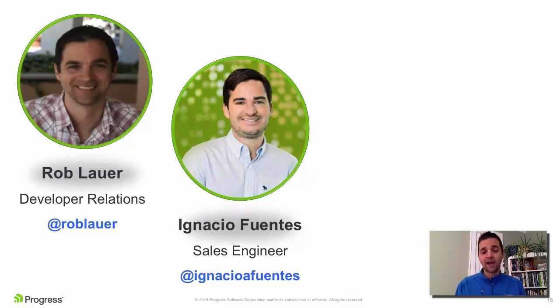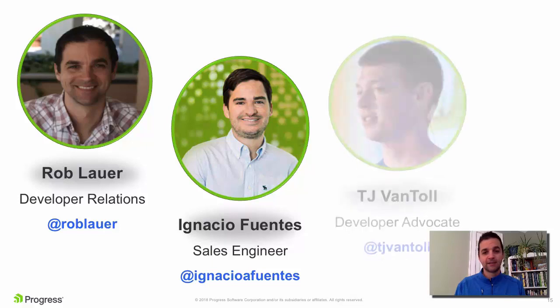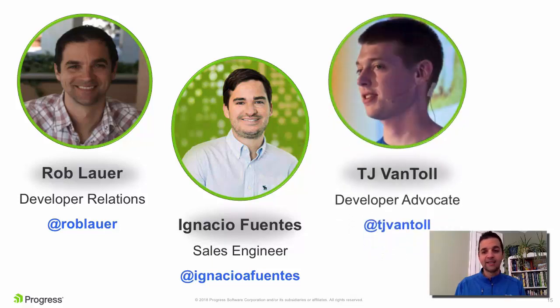Find Ignacio on Twitter at Ignacio A. Fuentes. And last but certainly not least is TJ Van Tol. TJ is a principal developer advocate here at Progress and today's NativeScript and code sharing expert. Connect with TJ at TJ Van Tol. Now, follow these guys now. Well, maybe not me. I don't even belong on the stage with these two.